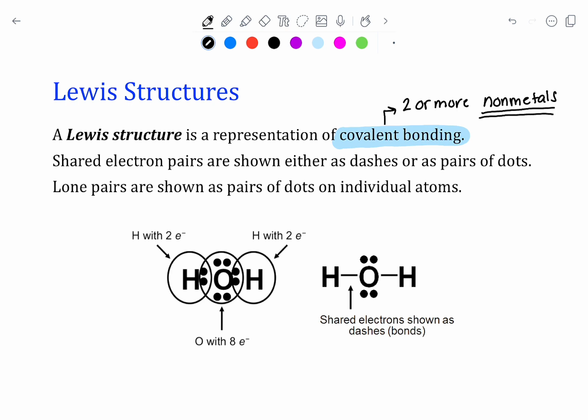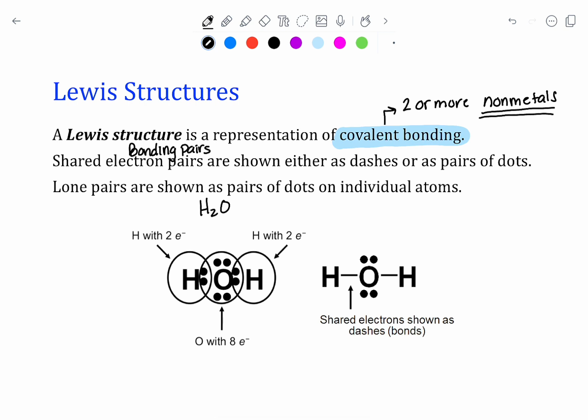The shared electron pairs, those bonding pairs, the electrons that are shared between the two atoms forming the bond, are shown either as dashes or as pairs of dots. So here we have water, H2O, and its Lewis structure.